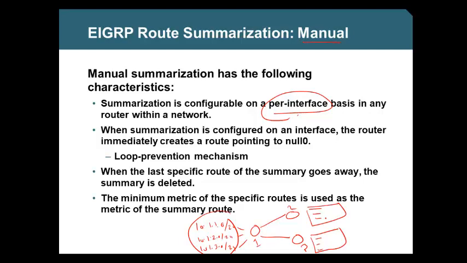But I do not want router 2 learning all 3 subnets. I just want router 2 to learn the summary. So I can go to this interface here and enable manual summarization. I can tell that interface you need to send only 10.0.0.0/8.